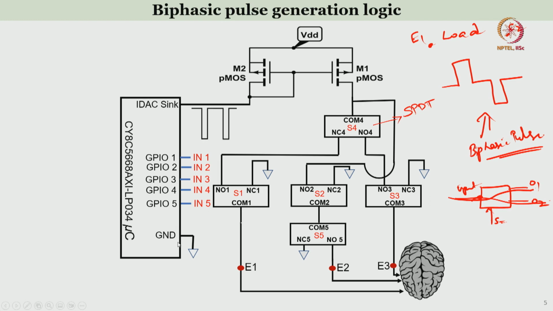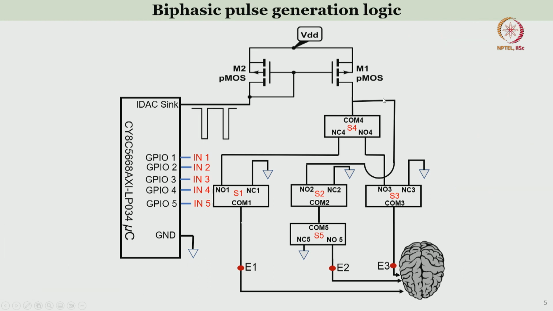So, what happens is, let me erase everything again. Now, to generate biphasic pulses, we are changing the switch positions in a pattern such that current flows from VDD to the ground.